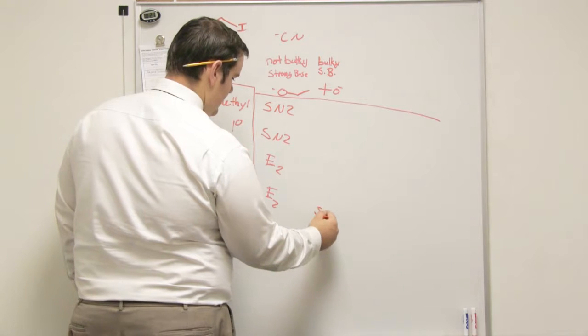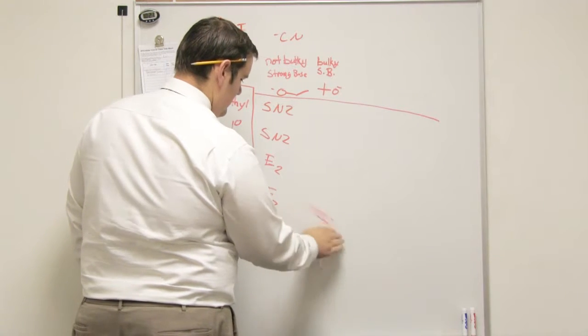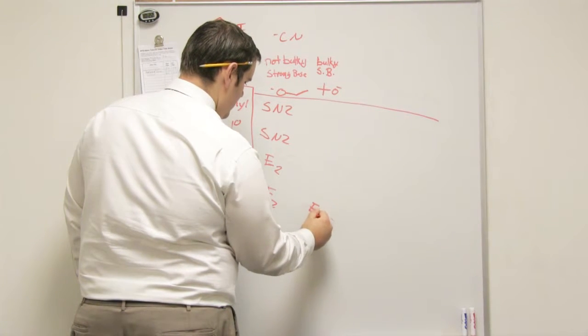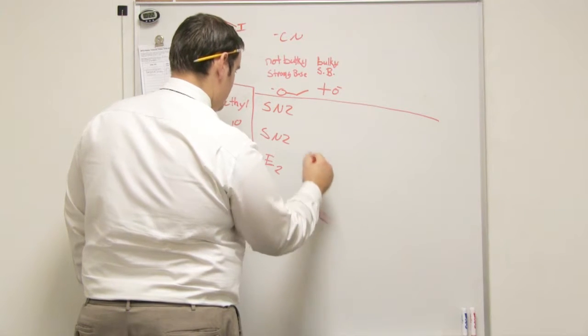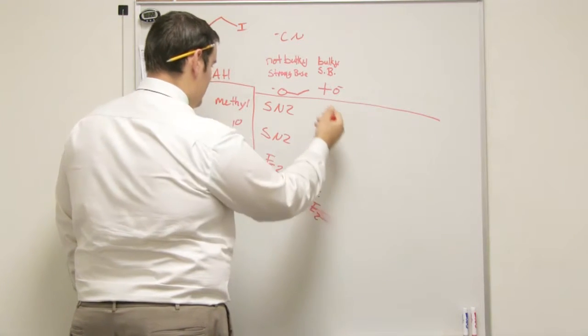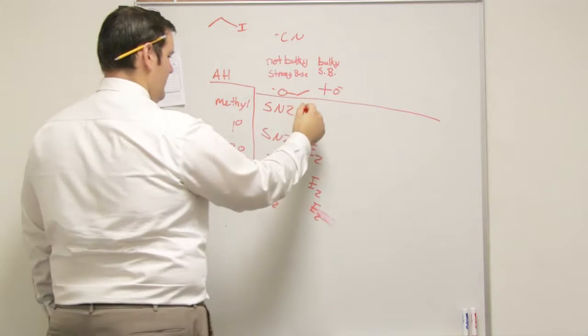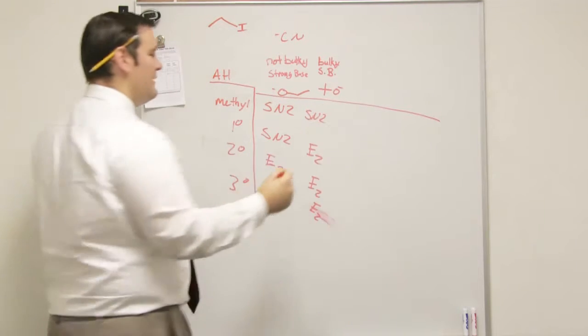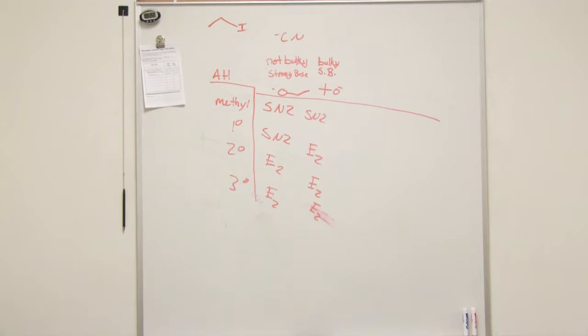For tertiary, it's going to be E2, and then E2 again, E2, and then primary is E2. And then methyl is SN2. We can't have elimination from methyl because there's no place to have a carbon-carbon double bond.